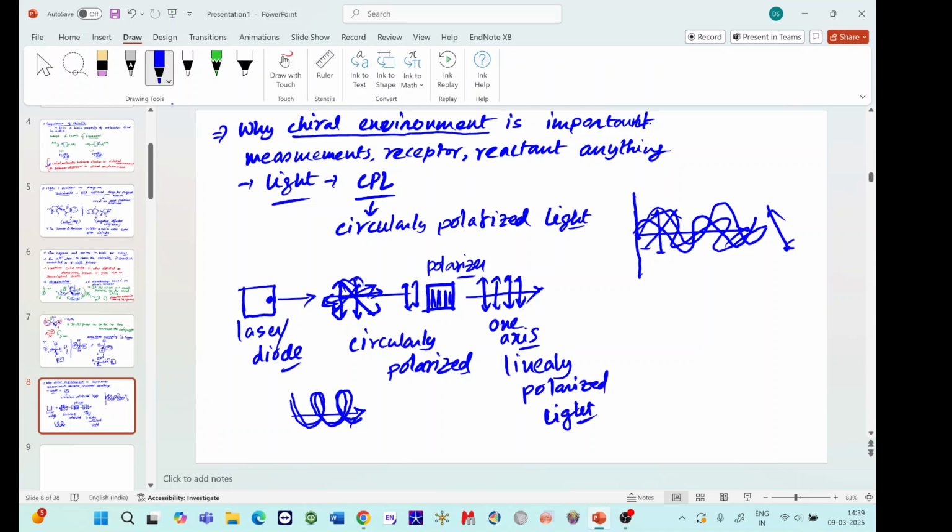You can understand it, right? It goes through a polarizer, and the circularly polarized light converts to linearly polarized because other planes are blocked. This is a polarization filter.